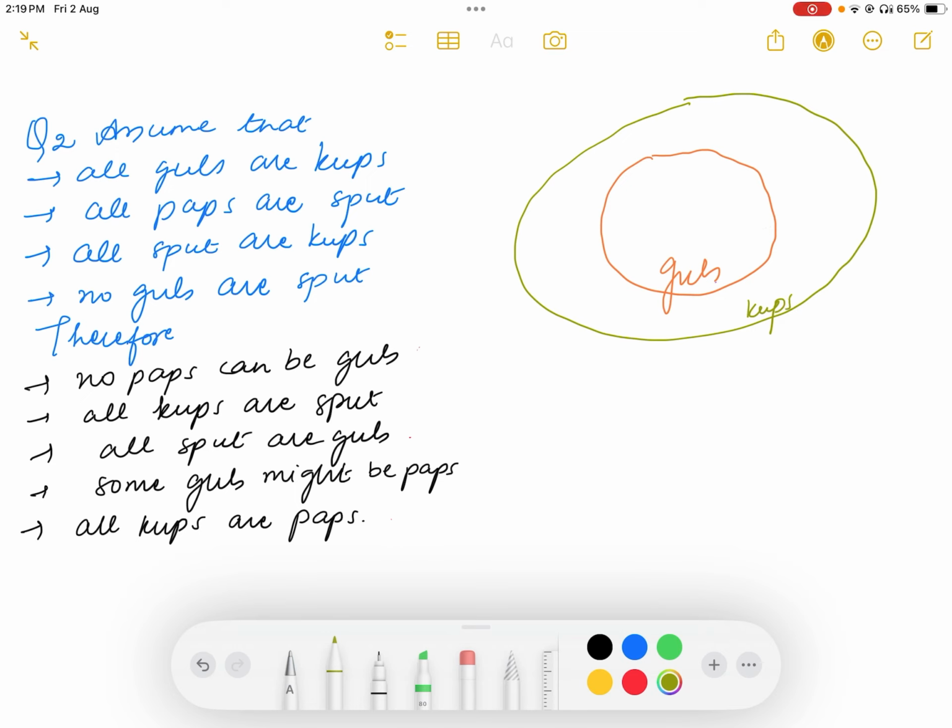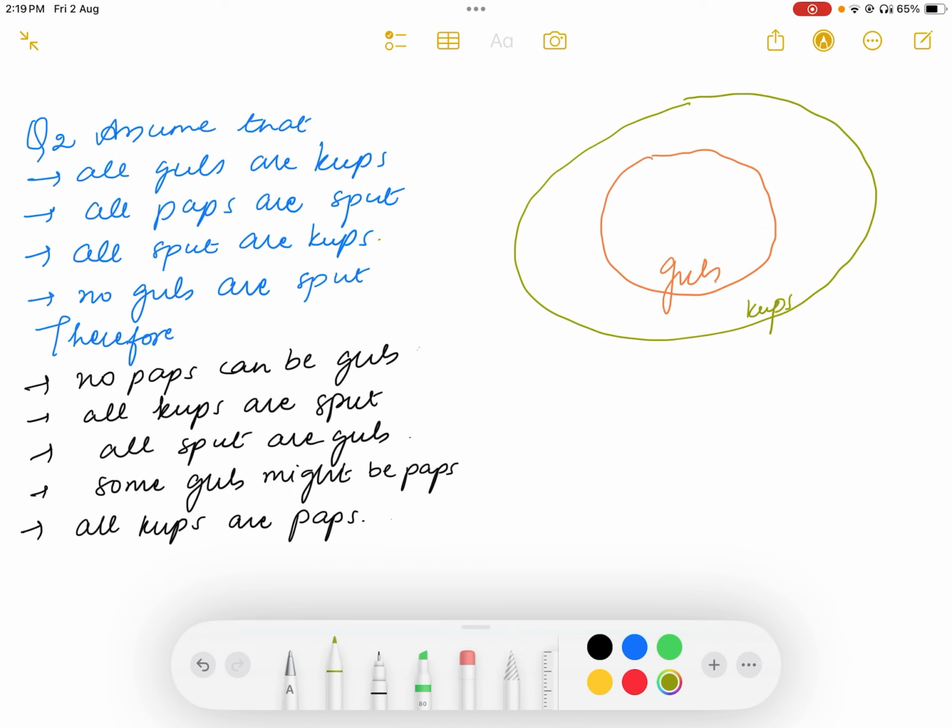This is drawn. Now all the paps are sput. We are not going to take this into consideration as of now because there's no information about paps and sput. Then all the sput are cups. So this sput is a subset of cups.